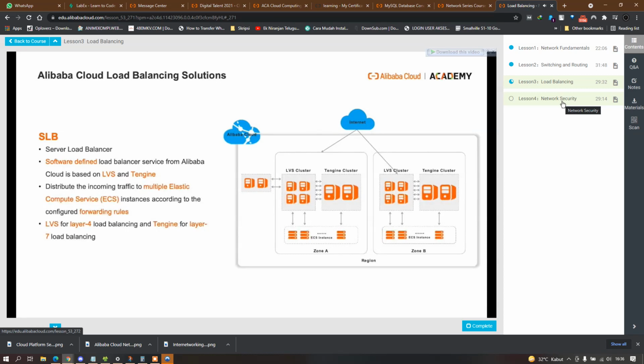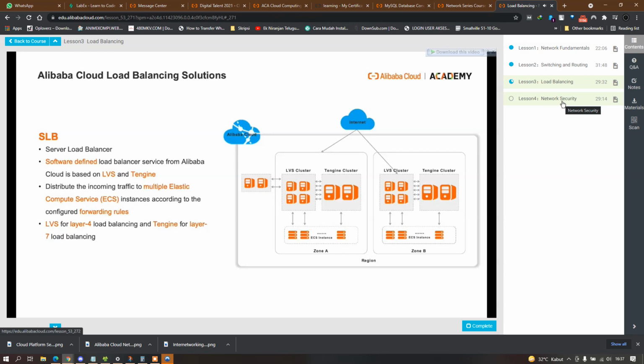Okay, so we were talking about SLB. The full name for SLB is Server Load Balancer. This is the meaning of SLB. SLB is the software-defined load balancer service from Alibaba Cloud, based on LVS and Tengine.